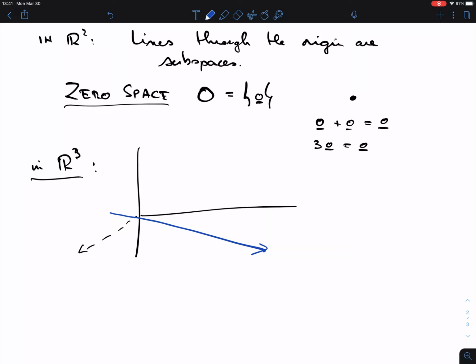Perhaps I didn't mean to say it's in the XY plane, so let me redraw this. So perhaps something like that. Again, how do you add these elements on this line? Well, it's the same thing, right? If you have a vector here and another one there, and you have to add them, you move the first one behind the second one, and you put them together, you're still on the line. So this is a subspace if it's a line through the origin.